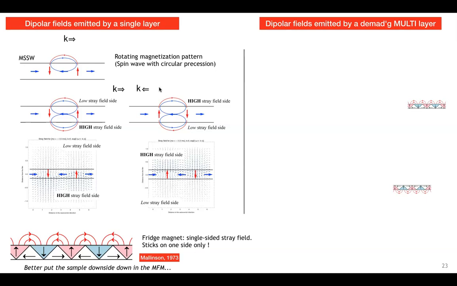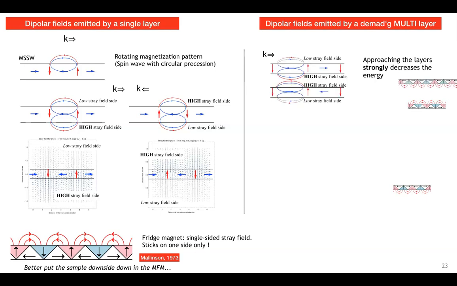Now, for a multilayer, the situation is that you have several films, and each of these films generates a stray field to the other layer that is either on the high stray field side or on the low stray field side. So if you are in the first situation where the two stray field sides overlap, it means you have your two fridge magnets in front of each other, then what happens is that they attract each other.